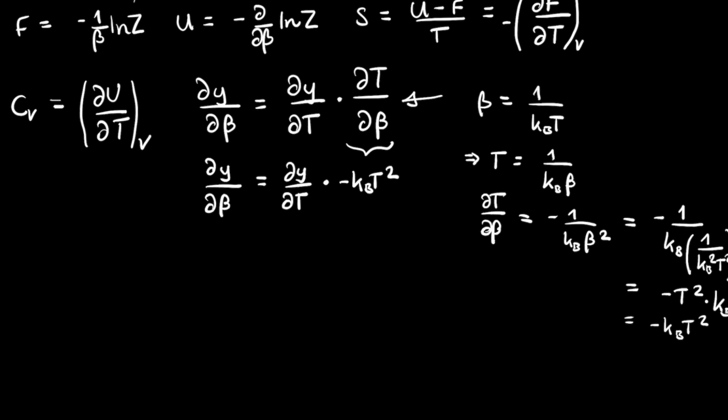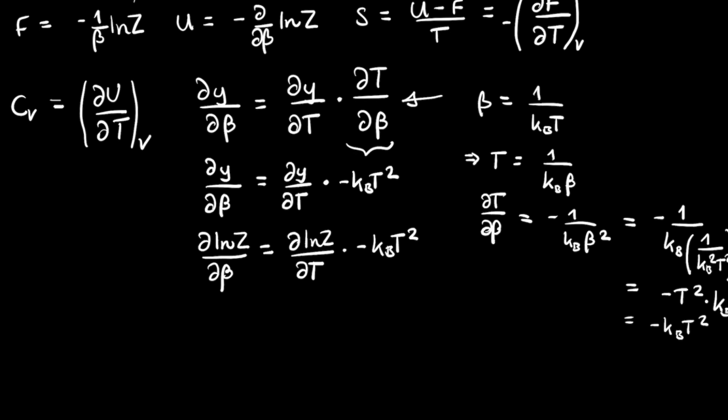If we now substitute log of Z for y, because this is what we're trying to do, we get that d ln Z by d beta is equal to d ln Z by dT multiplied by minus kB T squared.